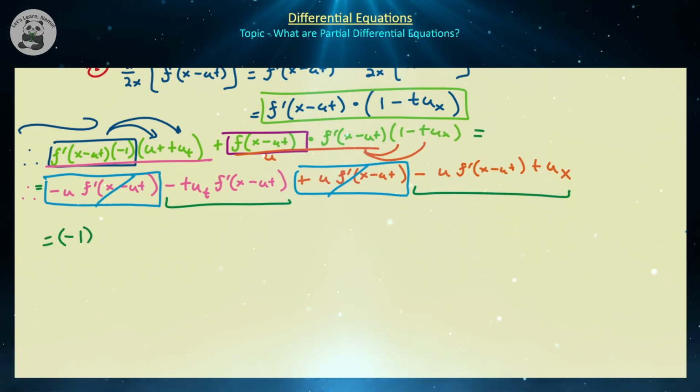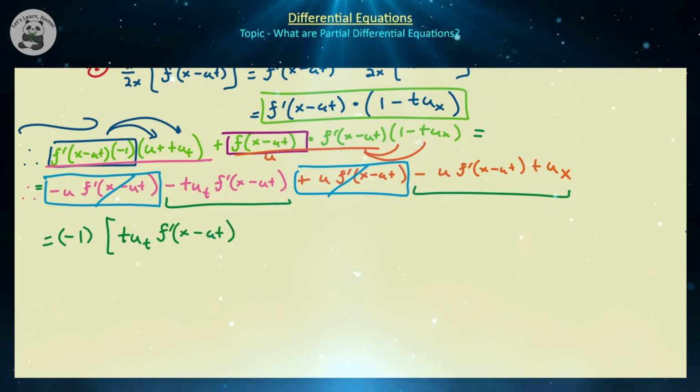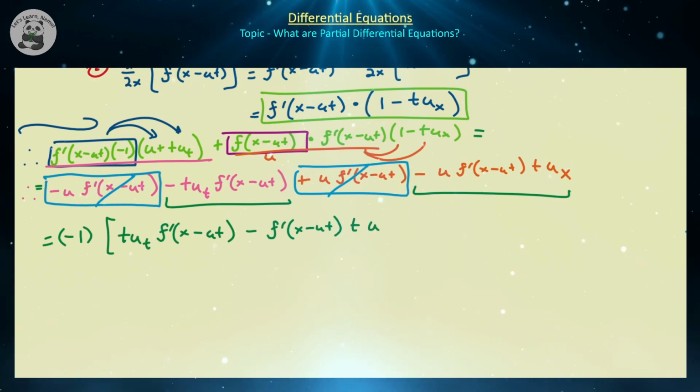So we're going to have negative 1 times: t ut times f prime of x minus u of t, and then minus f prime of x minus u of t times t u ux.